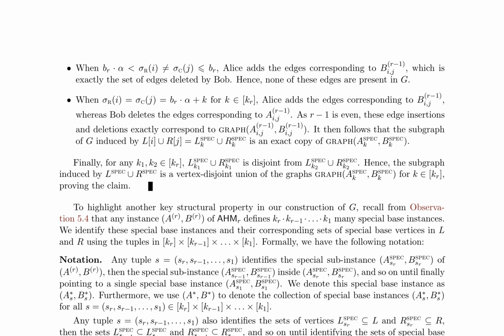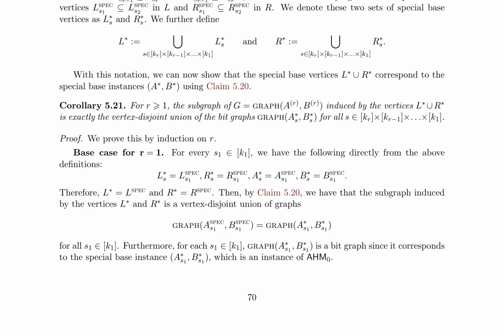This is demonstrated through an inductive argument, starting with the base case for R equals 1 and extending to higher values of R. The key insight is that the special base vertices L** and R** correspond to the special base instances A**, B**, which are themselves instances of AHM with R equals 0, thus forming big graphs. This result highlights the intricate structure of the graph G and its relationship with the augmented hypercube model.